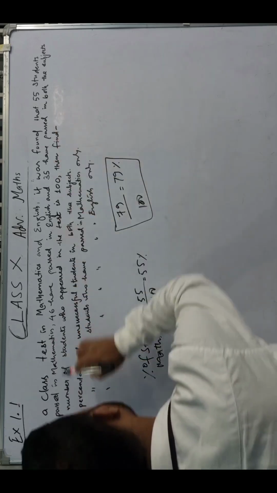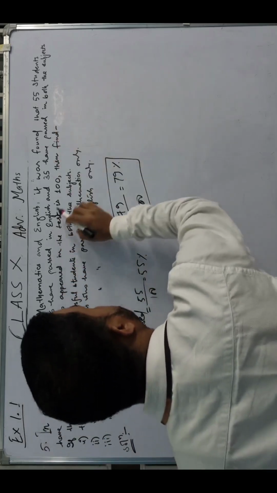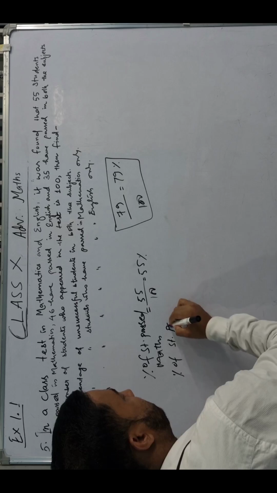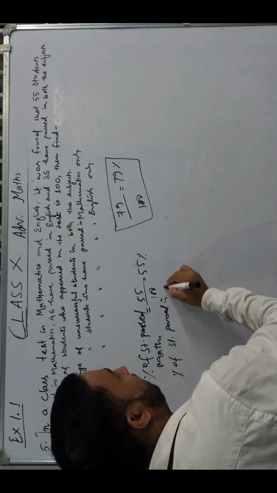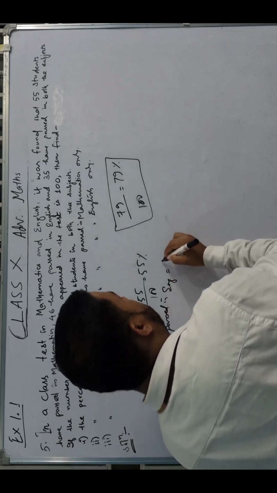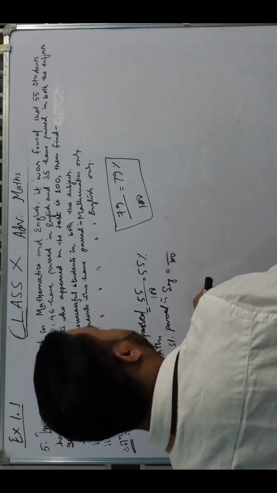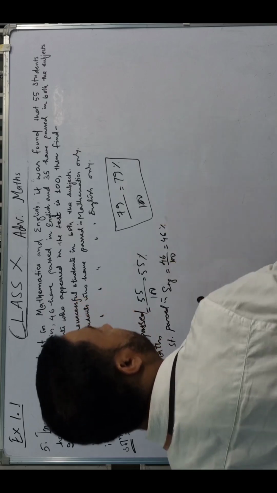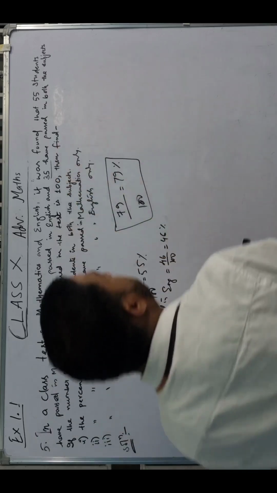Now 55 students passed in mathematics, 46 have passed in English. So the percentage of students passed in English is what? Out of 100, how many passed in English? 46. That means it will be 46%. And 35 have passed both the subjects.